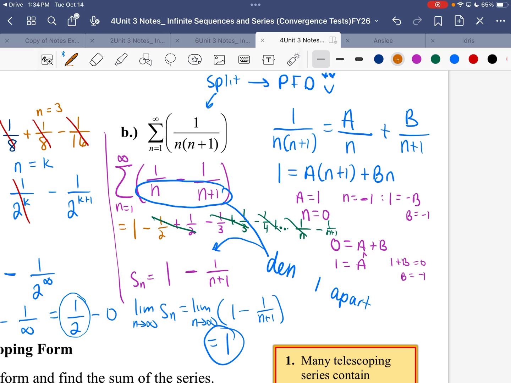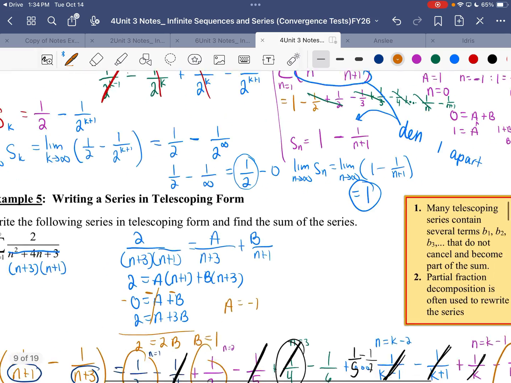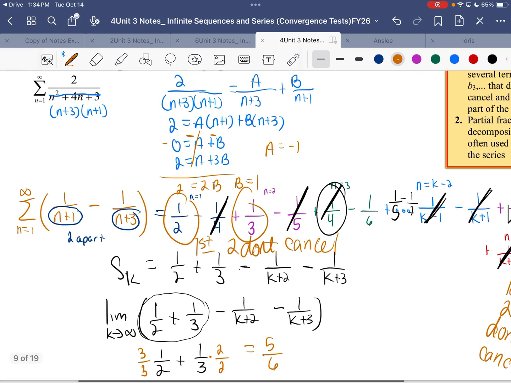What happens to the 1/6? The 1/6 further on would have canceled out with a 1/6. How do you know that? Because the numbers are getting bigger, right? Like I'm adding in n equals 7, and then it's going to cancel out, and then n equals 8. Those are always going to cancel out, but they're canceling out 2 steps, 2 n's after it.